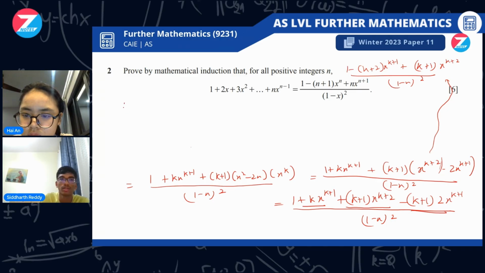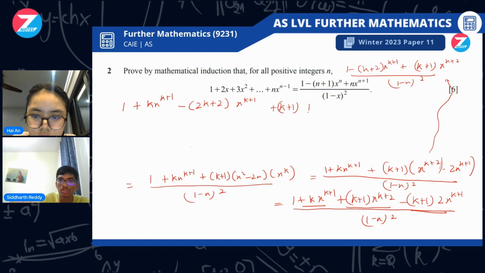So we can write it as 1 plus k times x to the power k plus 1 minus 2k plus 2 times x to the power k plus 1 plus k plus 1 times x to the power k plus 2, all divided by 1 minus x whole square.